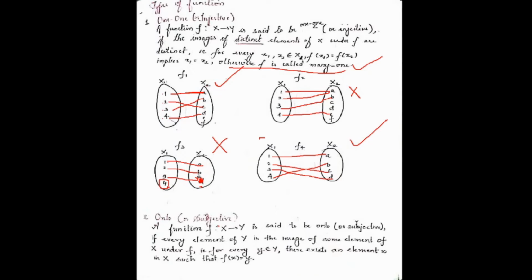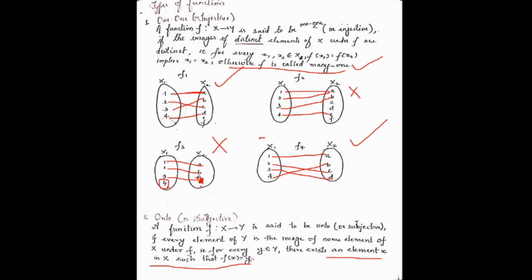Okay, our next topic is onto. You can also call it surjective. A function f from X to Y is said to be onto or surjective if every element of Y is the image of some element of X under f. That is, for every element y belonging to Y, there exists an element x in X such that f of x is equal to y.